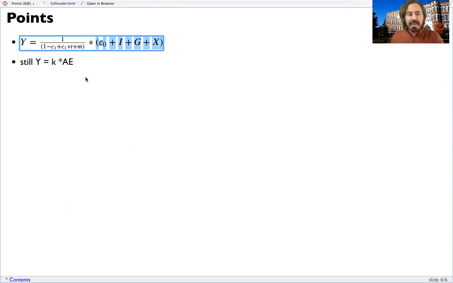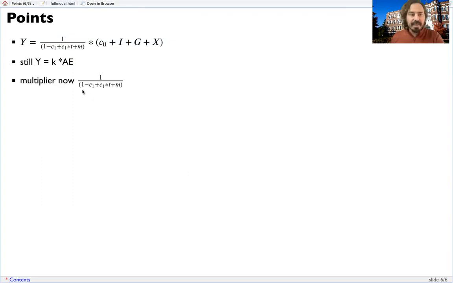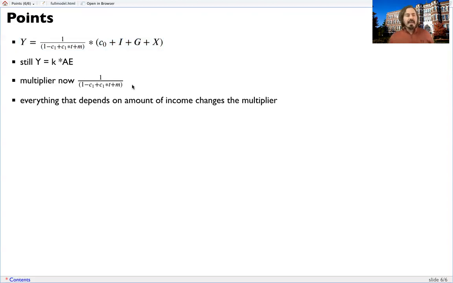So still the multiplier times the amount of autonomous expenditures, but now the multiplier is this function here. And our autonomous expenditures also has now exports in it, and so it's a bit more complex also, right? So everything that depends on the amount of income, that changes as the amount of income changes, is all now in the multiplier, right?